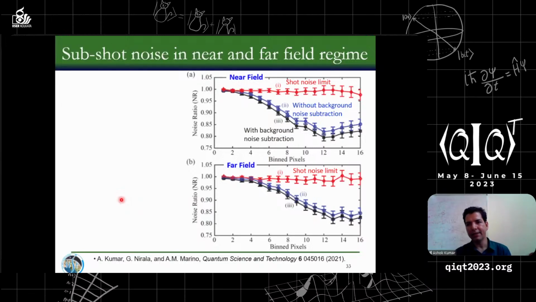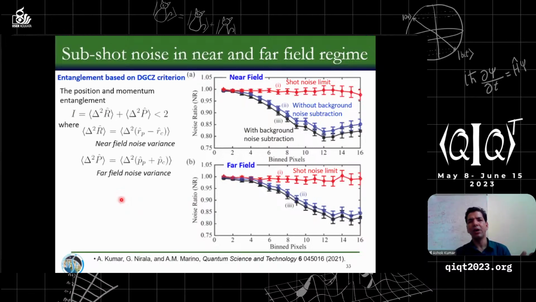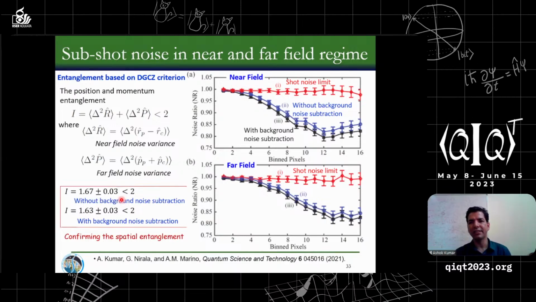Moreover, as another measure, we have demonstrated the spatial entanglement in these beams. Basically, spatial entanglement means position and momentum entanglement in those beams. For that, we have satisfied the Duan criteria. As I said, we looked at the noise reduction, basically squeezing, in the near field as well as the far field.